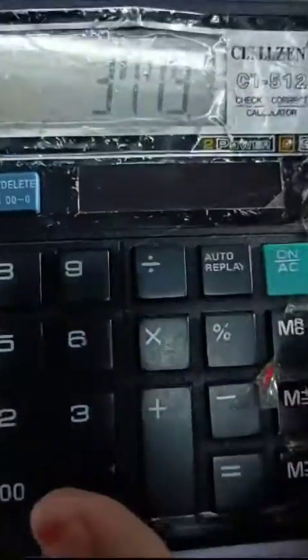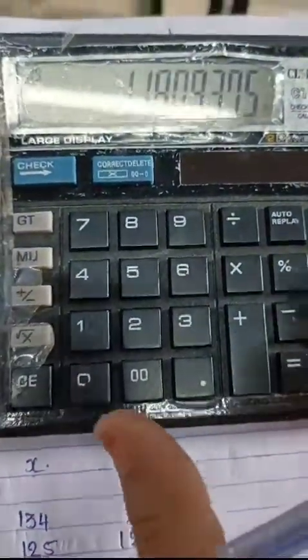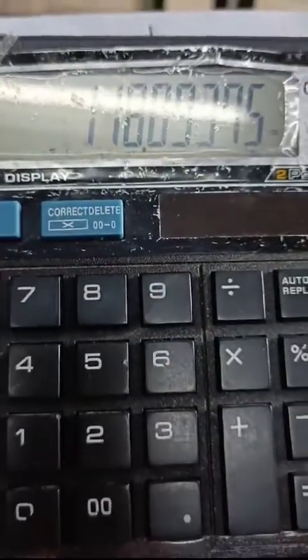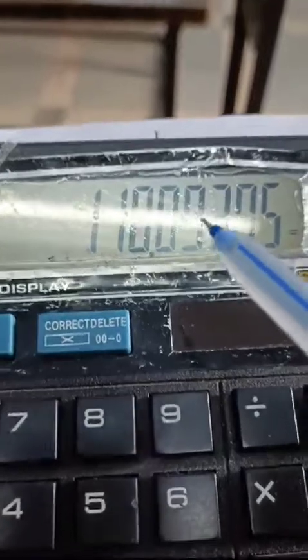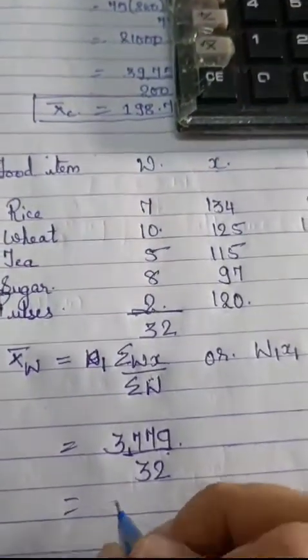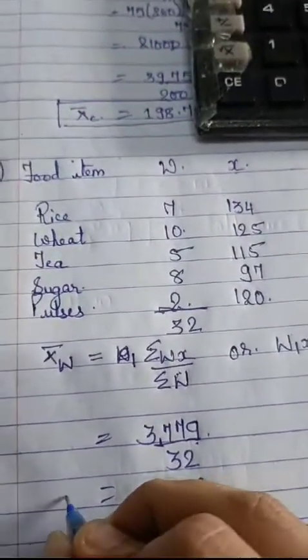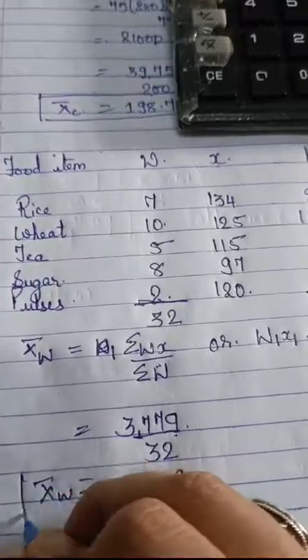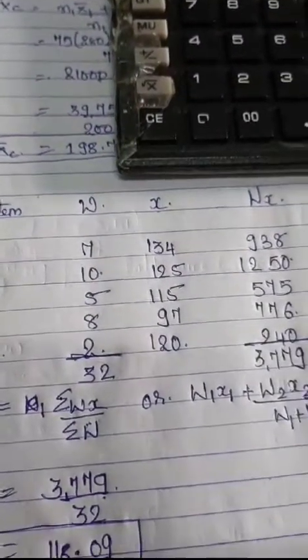So 3779 divided by 32. So here it comes 118.09. So we will keep like that only. 118.09 is the weighted mean. It is known as weighted mean.